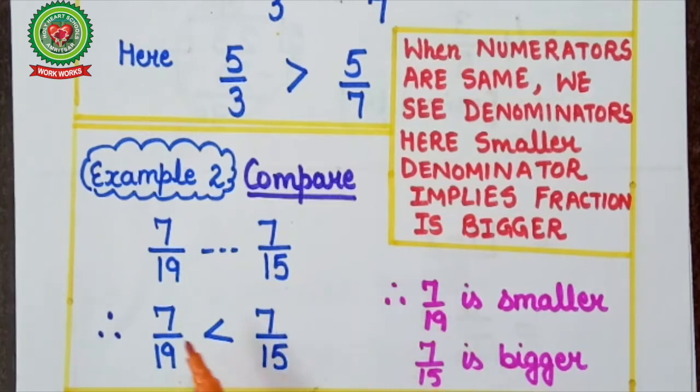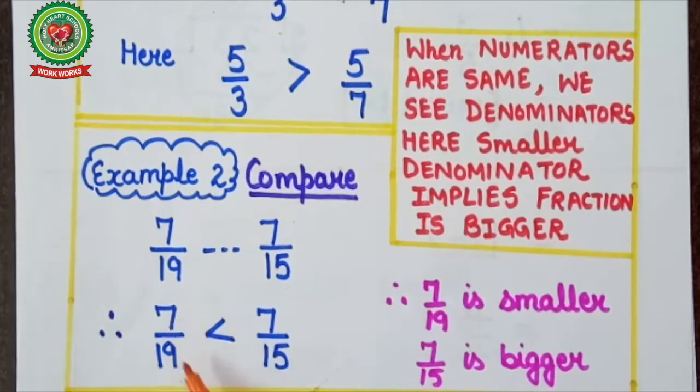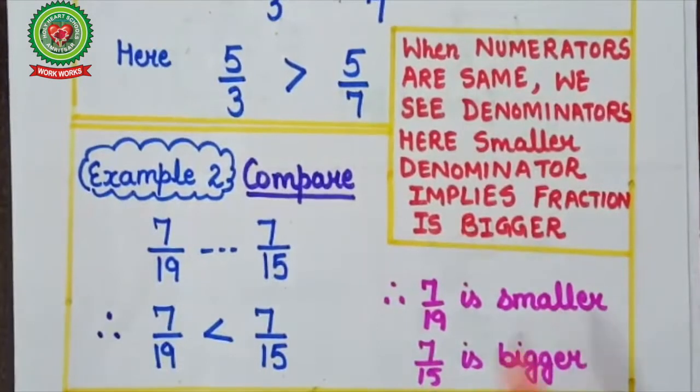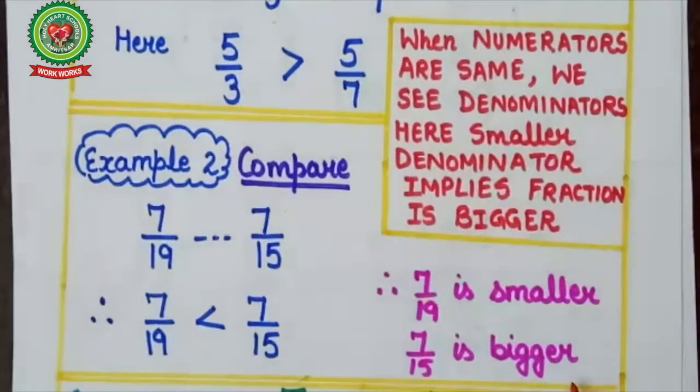So here 7 upon 19 is lesser than 7 upon 15. Or you can say that 7 upon 15 is bigger than 7 upon 19. Therefore, 7 upon 19 is smaller and 7 upon 15 is bigger.